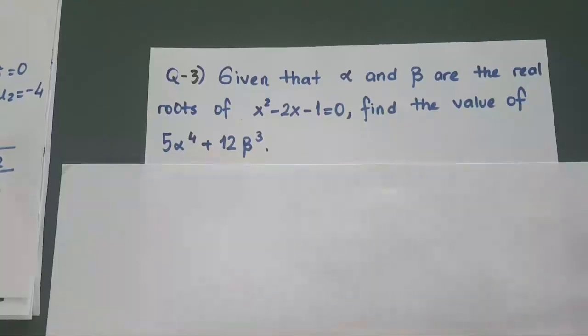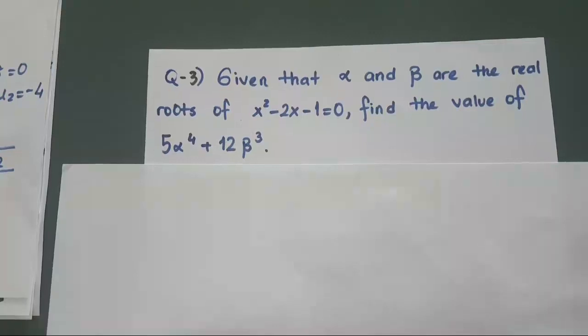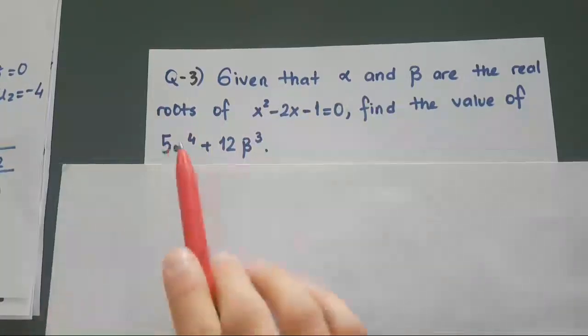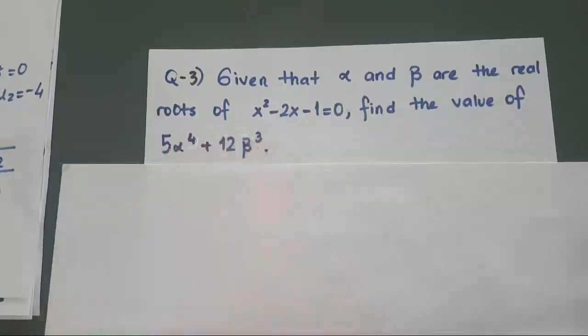Do you have any other method? I'm planning to use it at the end, but how to use it at the beginning, because we have alpha to the power of 4 and beta cubed. The degrees of alpha and beta are not the same.